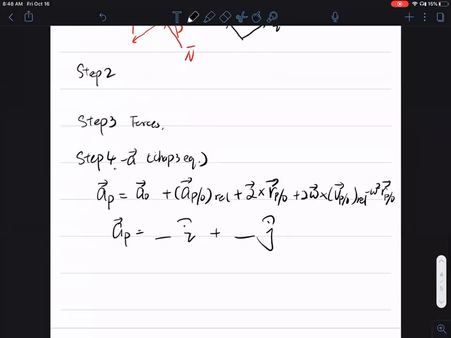And step 5 is going to be to assemble your F equals MA equation. Okay, so that should help you get started on your homework. That's all we have today. Make sure you drop your exam 2 rework into that box.